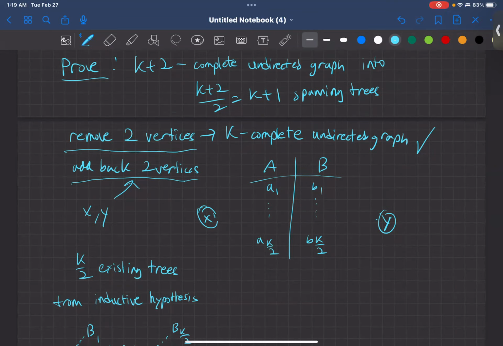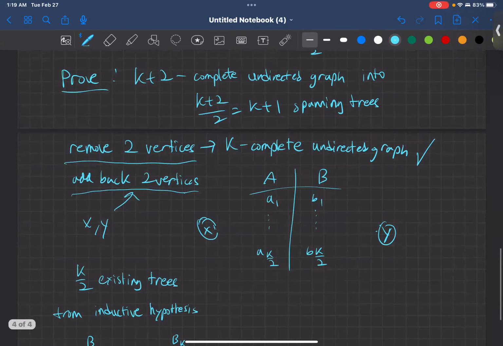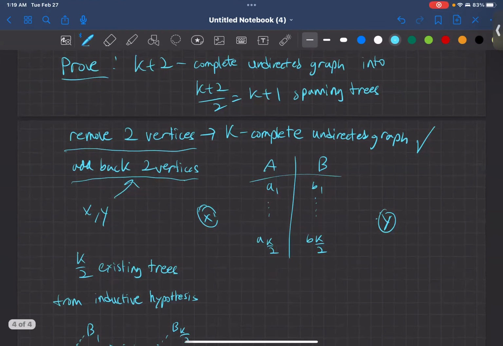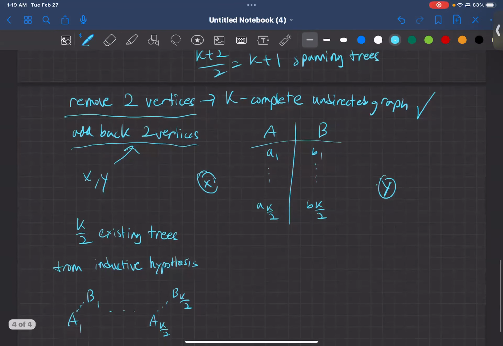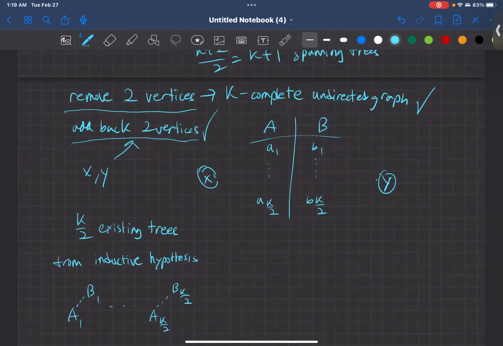Firstly, to prevent us from running into any buildup error, we will remove two vertices from this k plus 2 case. Removing any two vertices from the graph of k plus 2 vertices will give us a k complete undirected graph, just like our inductive hypothesis. Therefore, we will have no buildup error, and we can safely add back these two vertices. Let's call them x and y.